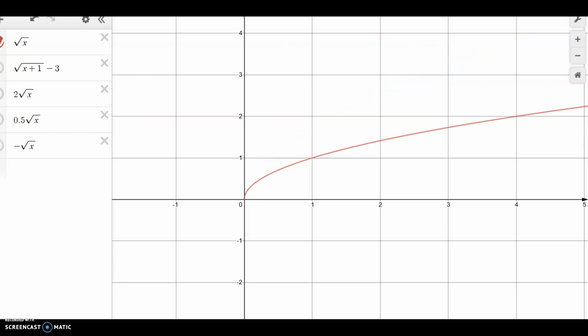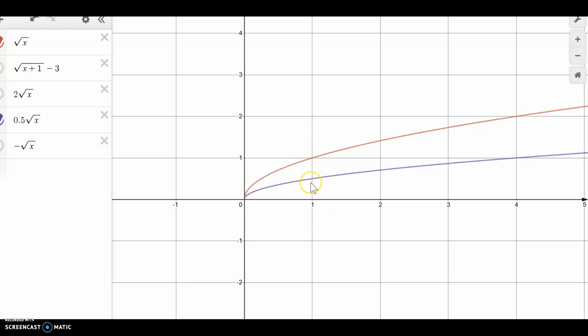Okay, now still our parent function is here, but this time I'm going to use 0.5 square root of x, which means 1/2 square root of x, and take a look at what will happen. So my 0, 0 is still 0, 0. Now 1, 1 from the parent is no longer 1, 1. Can you read what this is?